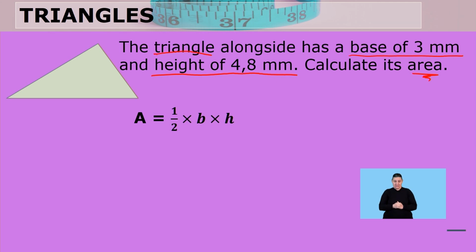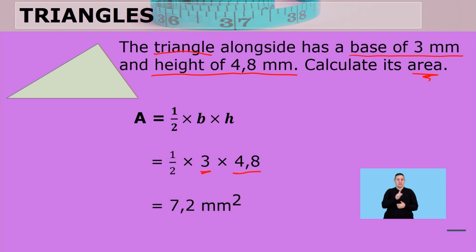In this question, all the information is provided in the instructions, none on the diagram, so we can take it directly off the instructions. I've got a half, base is 3, height is 4.8 as given to me. Let the calculator do its work for you, and we get 7.2 millimeters squared. Nice work. Let's carry on.